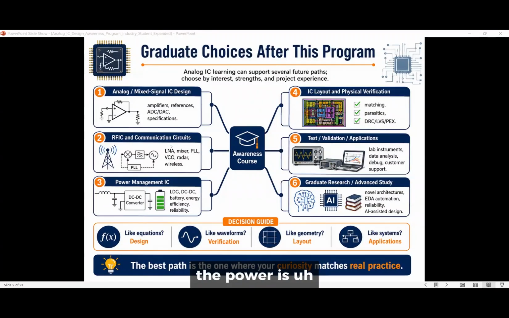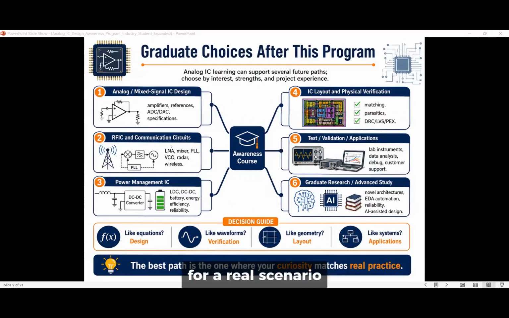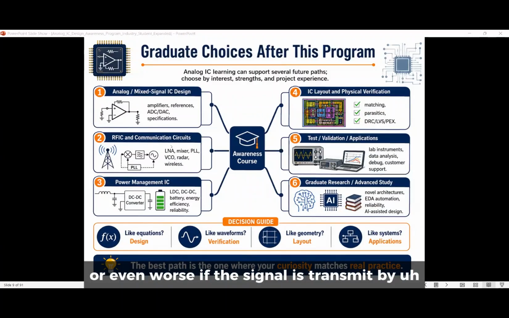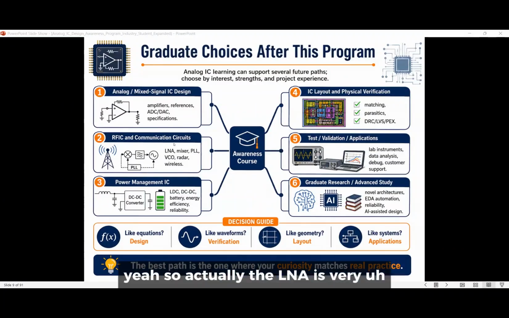The power is smaller than minus 20 dB for a real scenario, or even worse if the signal is transmitted through airspace. So the LNA is a highly sensitive circuit. It must amplify a very small signal to a reasonable signal that can be used by other blocks.